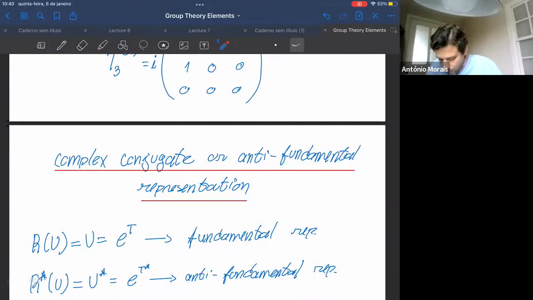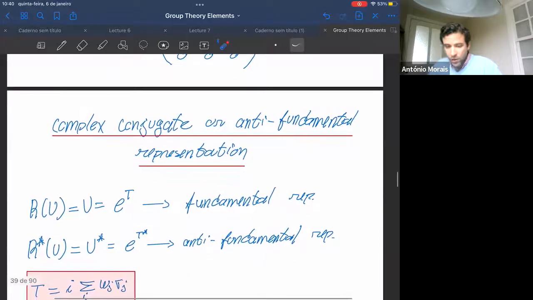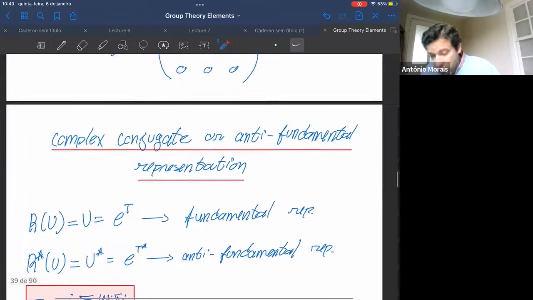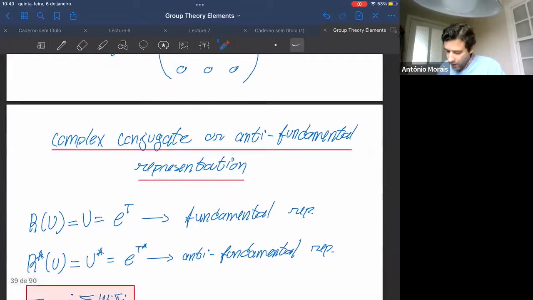Another important definition, and this is a special case that, to the best of my knowledge, only happens in SU(2), is the complex conjugate, also known as the anti-fundamental representation.